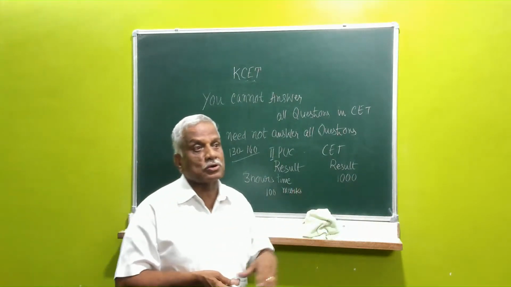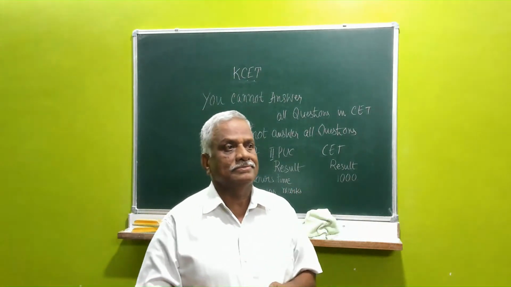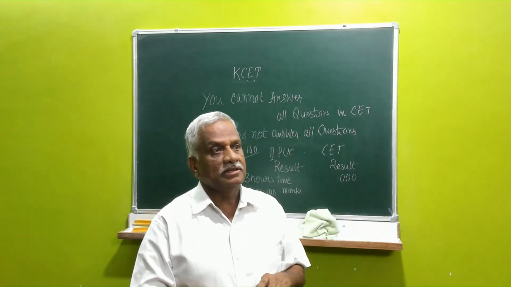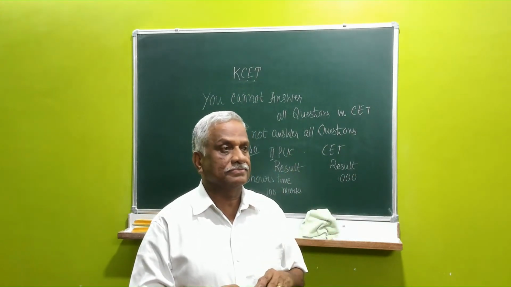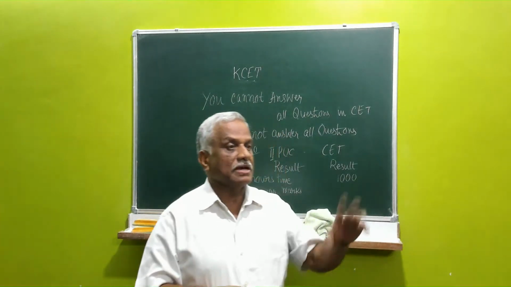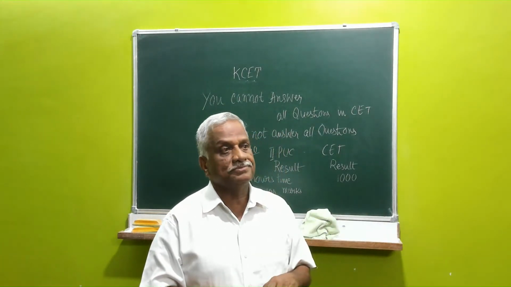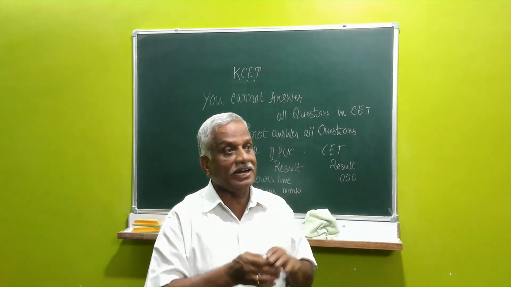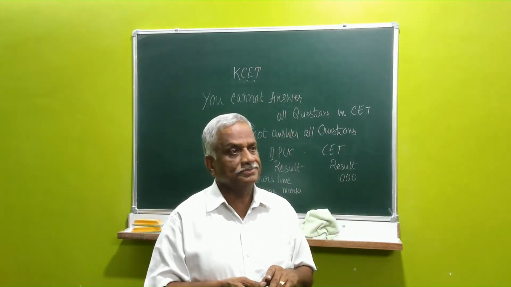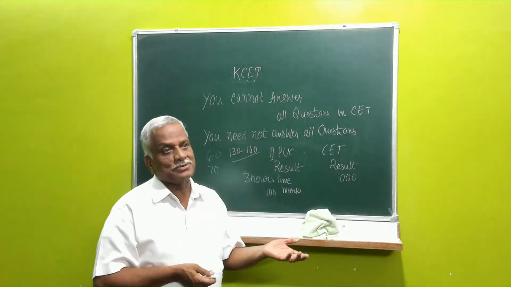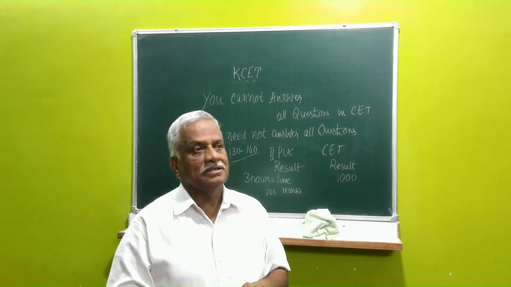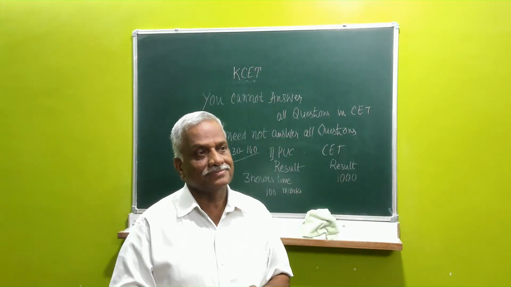Some of them answer more questions also, because the pattern of correction is, suppose you are asked to answer 5 questions out of 8, and if you answer all the 8, the examiner is supposed to correct all the 8 and choose the best 5 but not the first 5. This is a normal procedure. You have got time to revise, you can just go through that. And most of them are memory based.